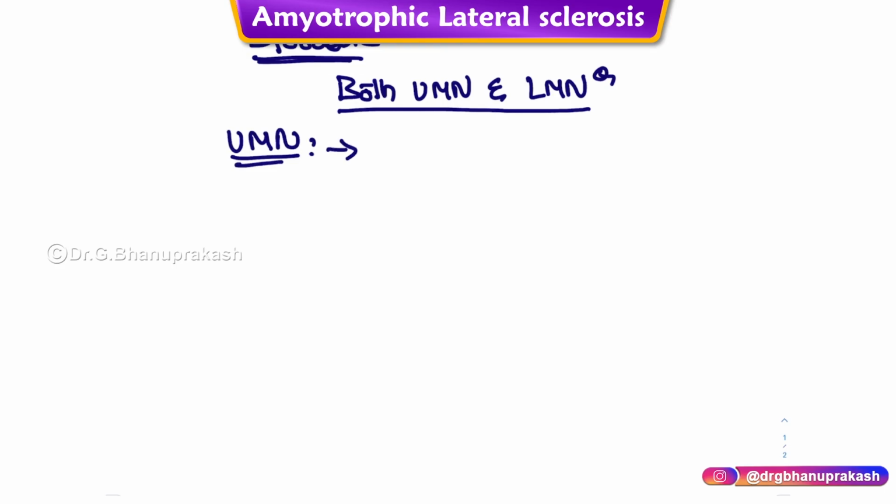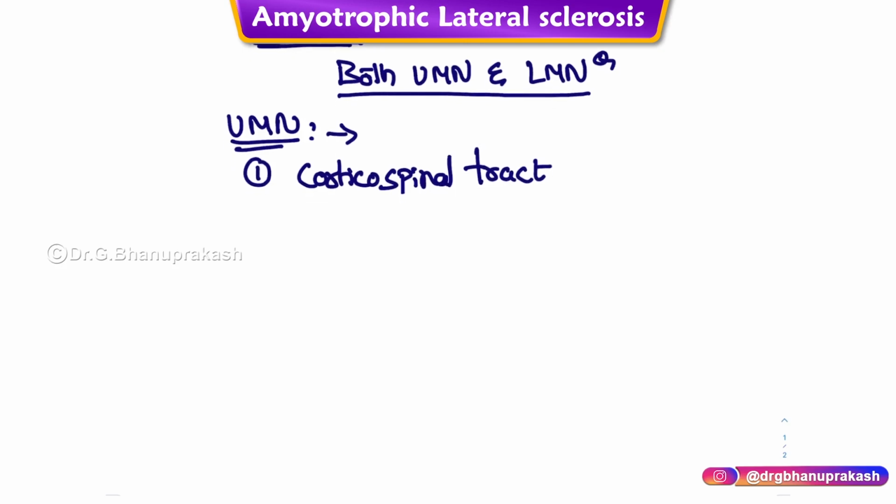The two main upper motor neuron pathways involved in ALS are the corticospinal tract and the corticobulbar tract. So these two are involved in the upper motor neuron pathway, especially in ALS.